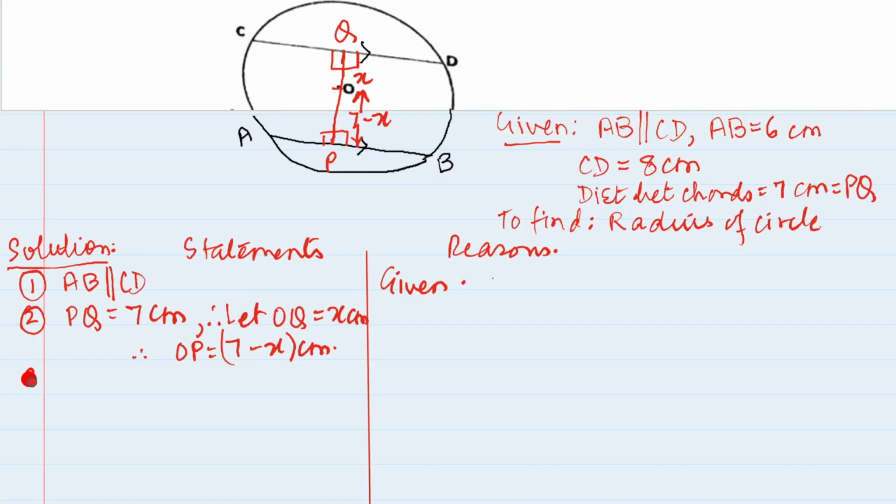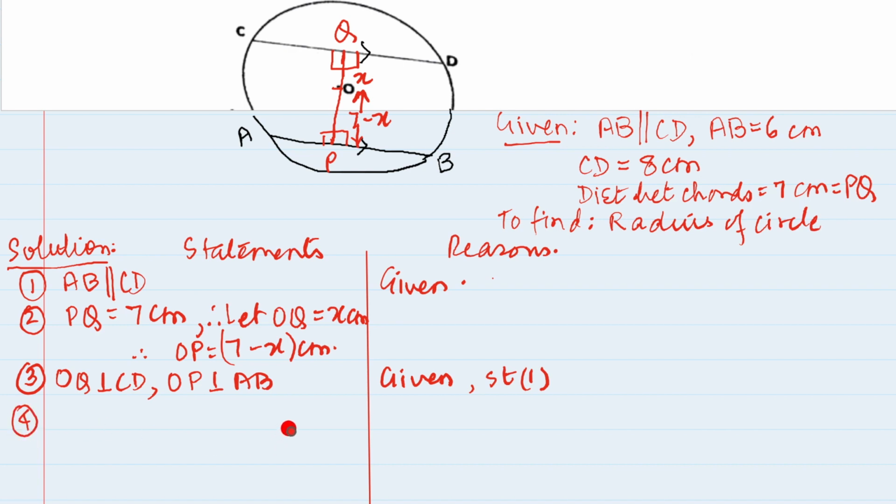Okay, and we also know that OQ is perpendicular to CD and OP is perpendicular to AB, and this is again given because they have told us the distance between the parallel chords. This will be from statement 1. Okay, and given.